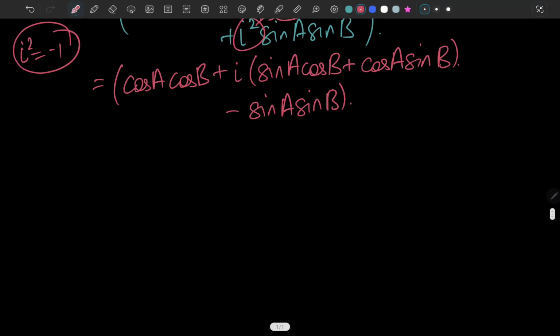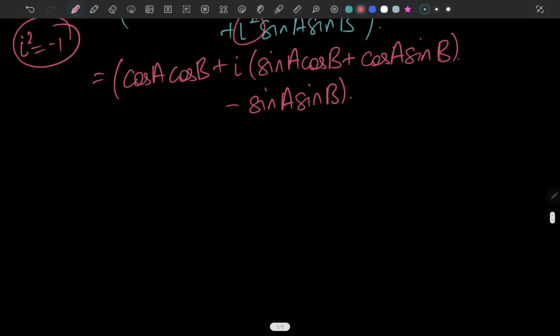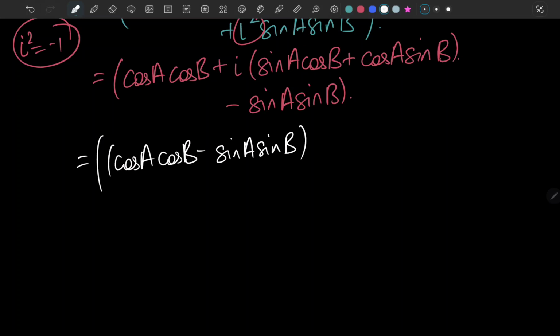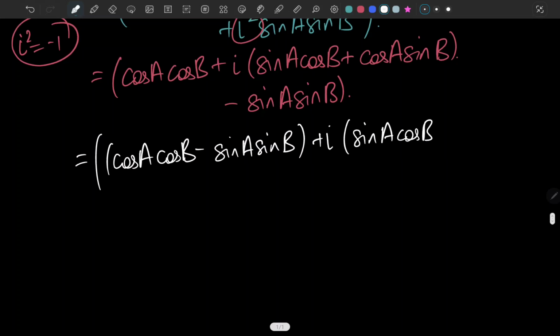Now we can take the real terms together: cosine of a cosine of b minus sine of a sine of b, plus i times sine of a cosine of b plus cosine of a sine of b.